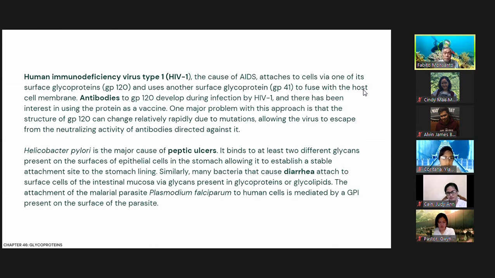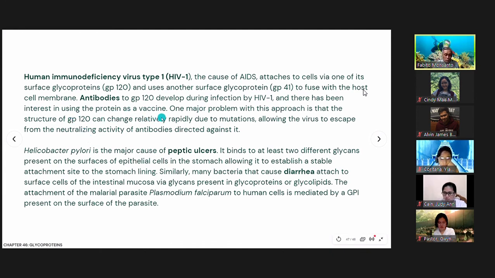HIV, virus type 1, cause of AIDS, attaches itself to a glycoprotein GP120 and uses another surface glycoprotein GP41 to fuse with the host cell membrane. Antibodies to GP120 developed during the infection by HIV-1, and there has been interest in using the protein as a vaccine.